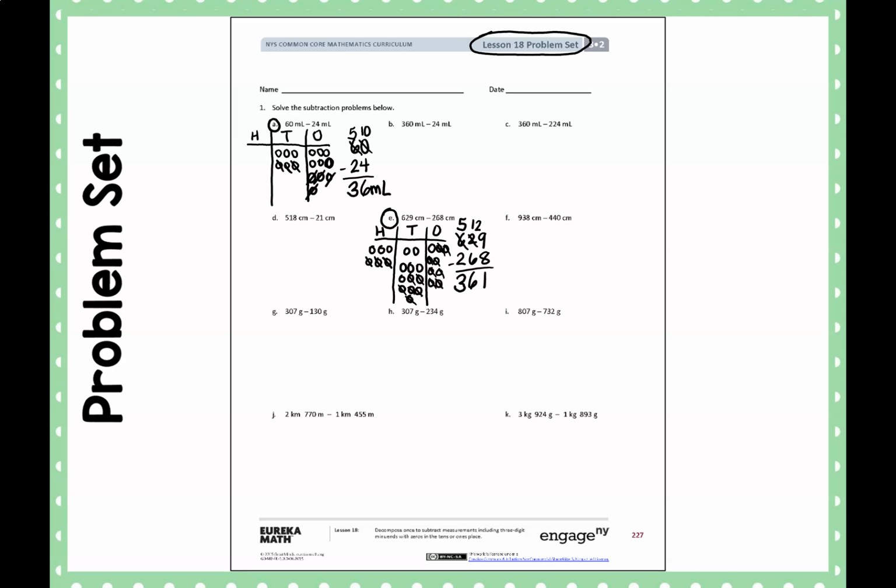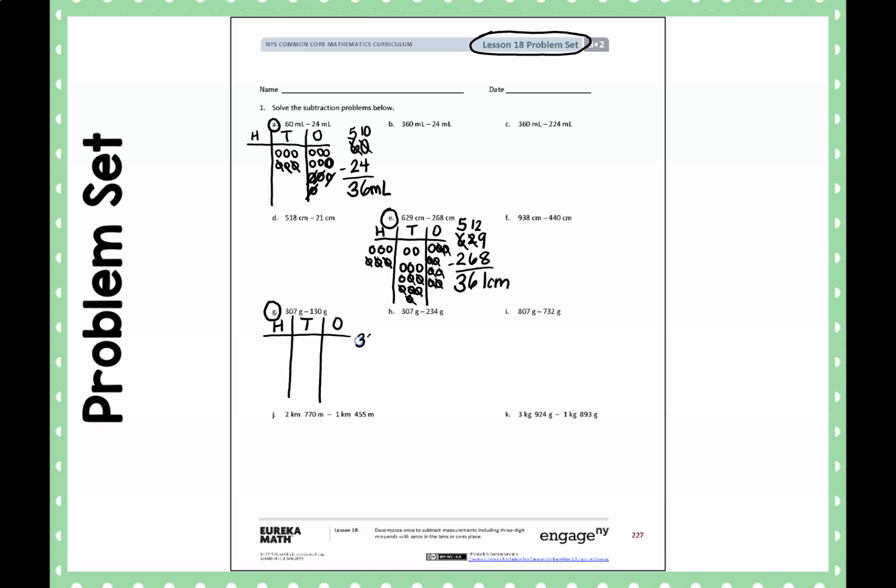We're going to do one more problem together. We're going to go ahead and look at G. But first, let's make sure we write our units. So for that last problem, we had 361 centimeters as our answer. Okay, let's look at G. We have 307 grams minus 130 grams. Let's go ahead and draw out our place value chart: ones, tens, and hundreds.